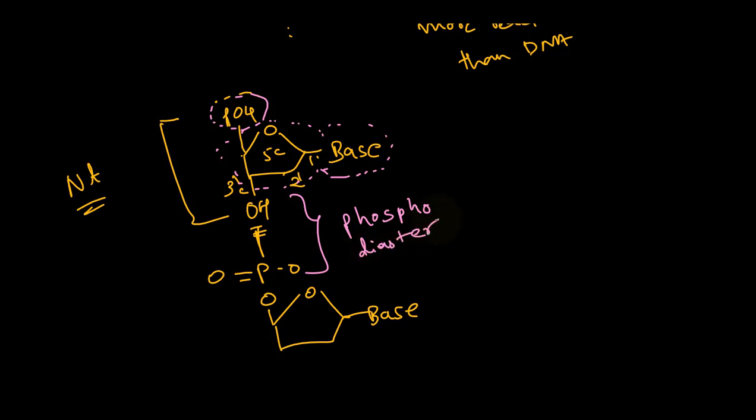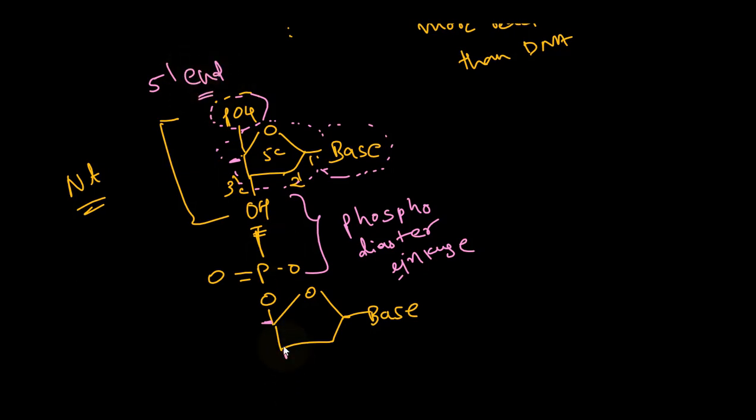Phosphodiester linkage. These 2 nucleotides are joined together by this linkage, that is the phosphodiester linkage. Now at the 5 carbon and the 3 carbon of the nucleotides, there are groups that are free to react with another nucleotide.